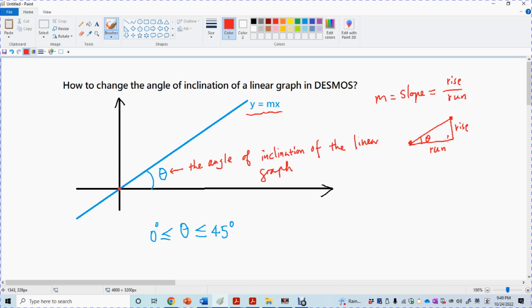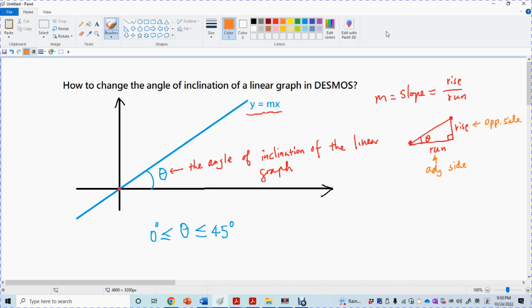From another perspective, that rise can also be called the opposite side, and that run can also be called the adjacent side.